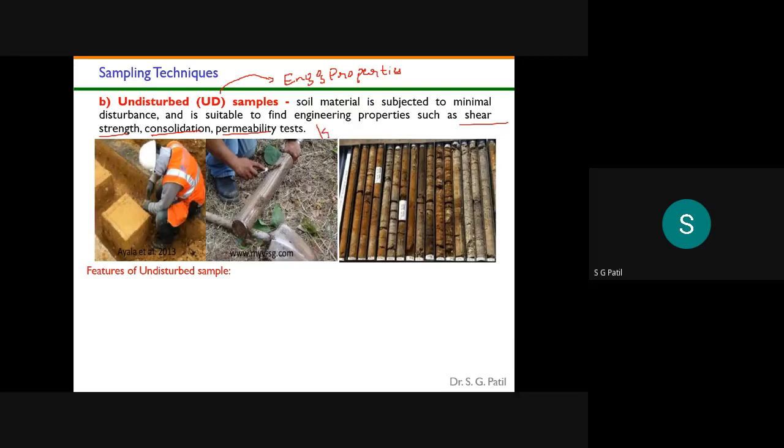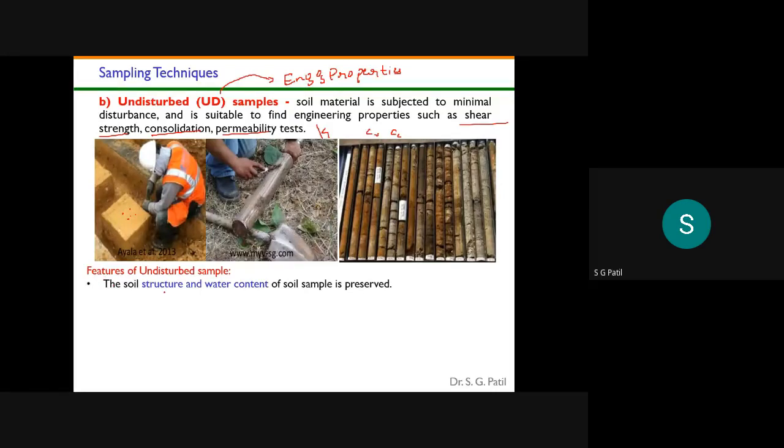Permeability parameter like k, and consolidation parameters like coefficient of consolidation Cv and Cc. To find out those things, we will use these undisturbed samples. You call a sample undisturbed if you are able to maintain the arrangement of the soil particles.